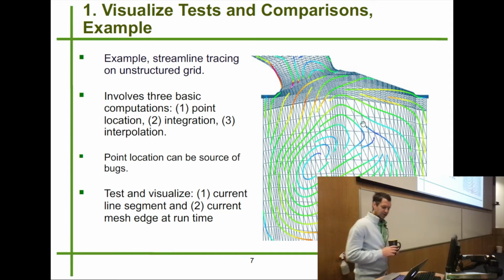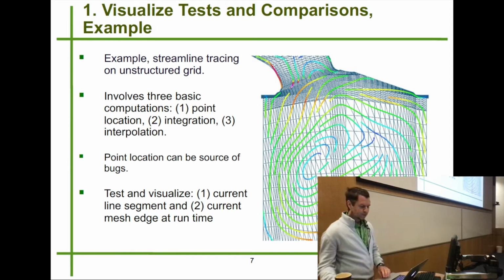So we can actually write some visualization algorithms or some test and comparison examples that show the current streamline point, for example, show the next streamline point, and then show the cell that they're in, right, as part of our streamline tracing algorithm.